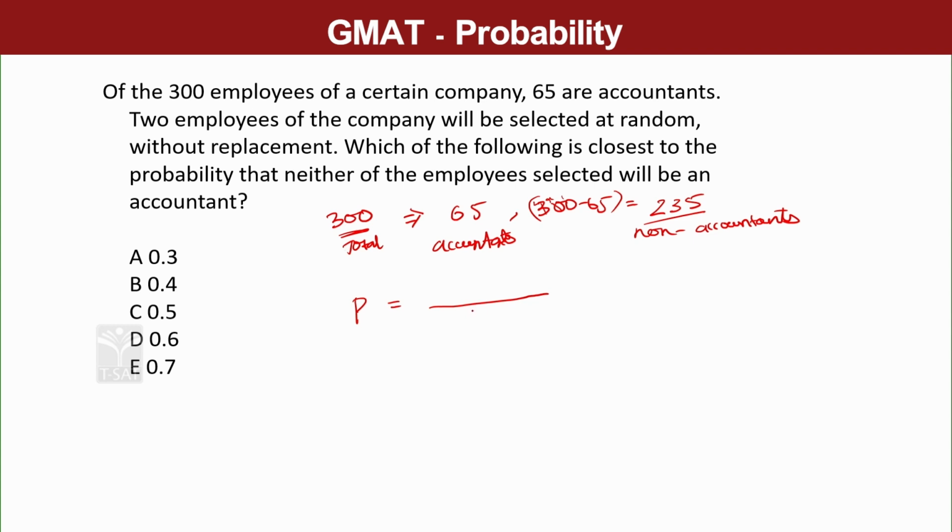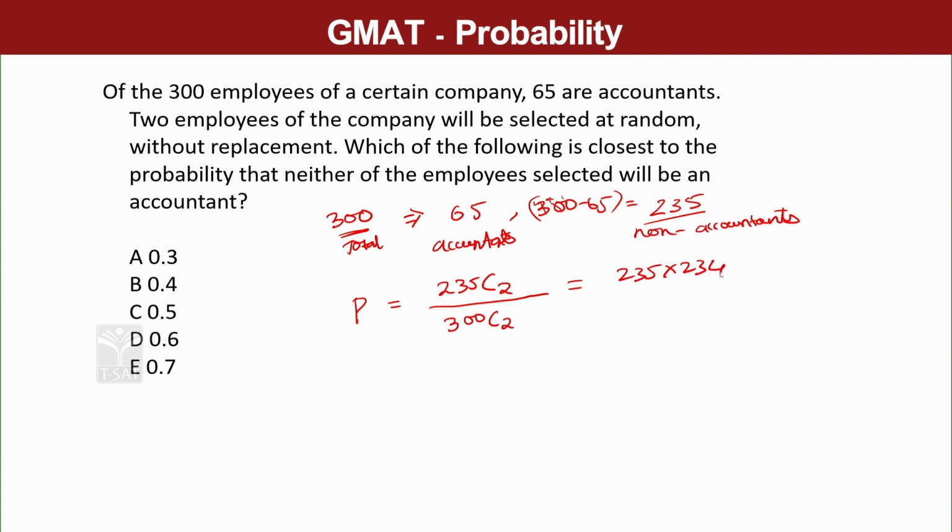They are selecting 2 at random, and the probability that neither employee selected will be an accountant. So, they are both selected from the non-accountant pool. So you will have 235 C2 divided by 300 C2, that is selecting 2 out of 300 employees.